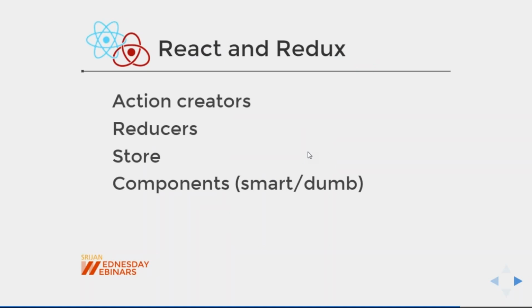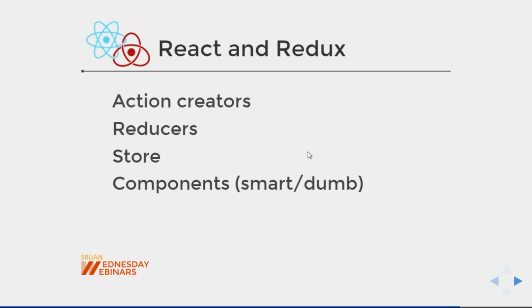Let's add one more thing, which is a React component that will talk to Redux. We already know that you can also fire actions to the Redux layer using store.dispatch. But when we talk about Redux with React, the action will be fired only from the UI layer. We will not be writing store.dispatch to fire actions to the reducers. So we have the UI layer and we have the Redux layer.